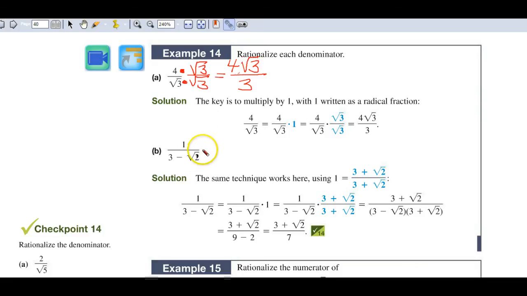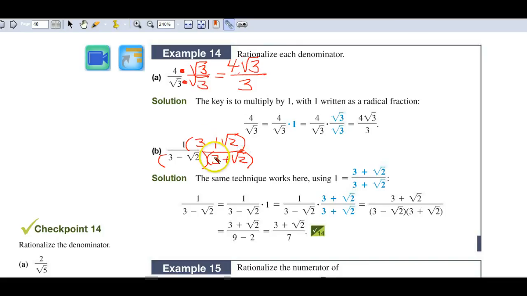Okay, now for this one, whenever we're going to rationalize the denominator and we have a binomial there, we use the conjugate. So this will be 3 plus the square root of 2, over 3 plus the square root of 2. Remember, this is a 1.